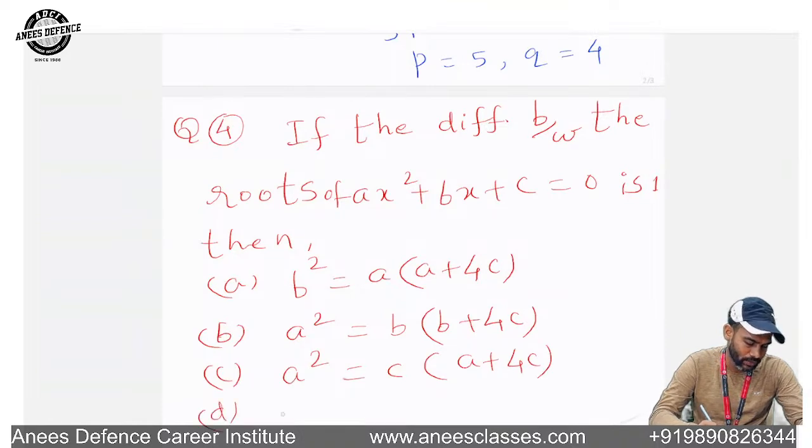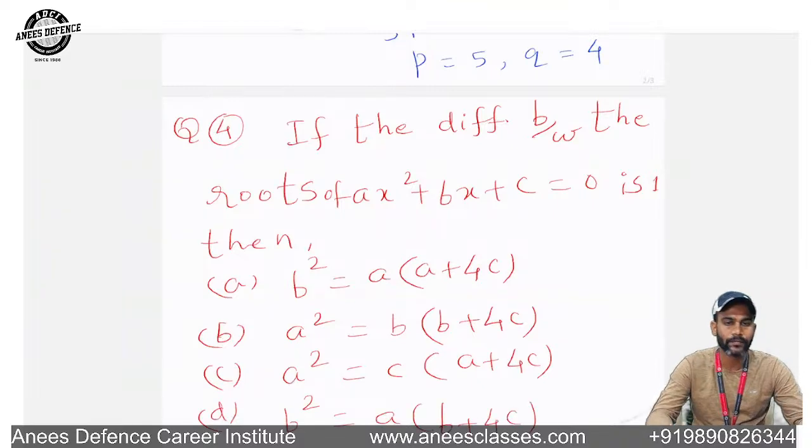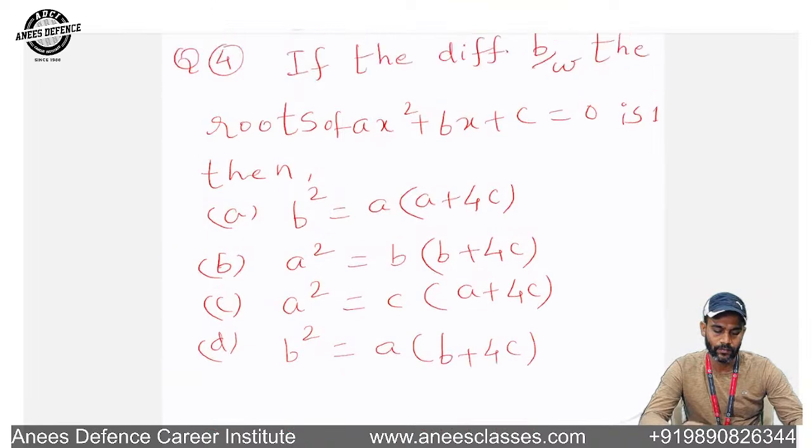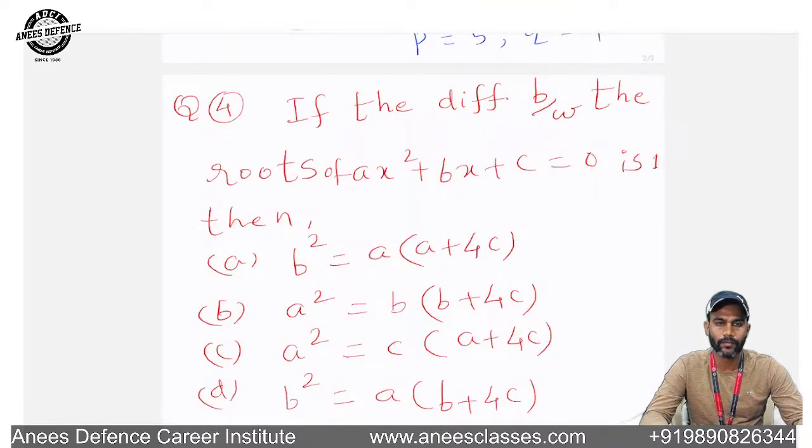And option D: b square is equal to a times b plus 4c. This is the question. Please try to solve it. Very easy. If the difference between the roots of this particular equation ax square plus bx plus c is equal to 0 is 1, then which one of the following is correct?